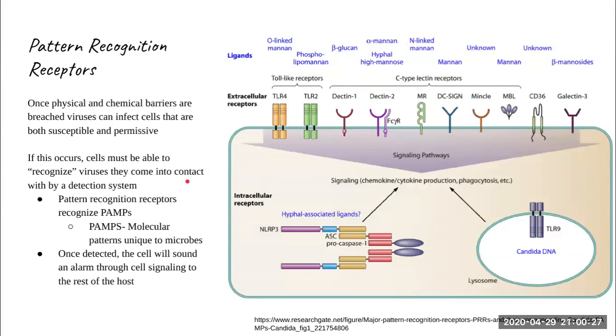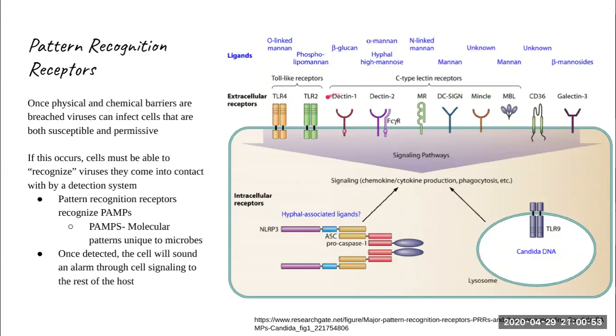Pattern recognition receptors are protein receptors, which may be glycosylated as well, but they're primarily protein, and they recognize what we call PAMPs, or pathogen-associated molecular patterns. These are unique microbial patterns which our eukaryotic cells do not have. And so that's one way the immune system can differentiate between self and non-self.